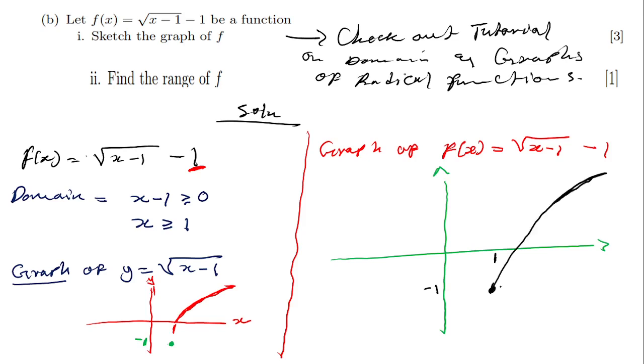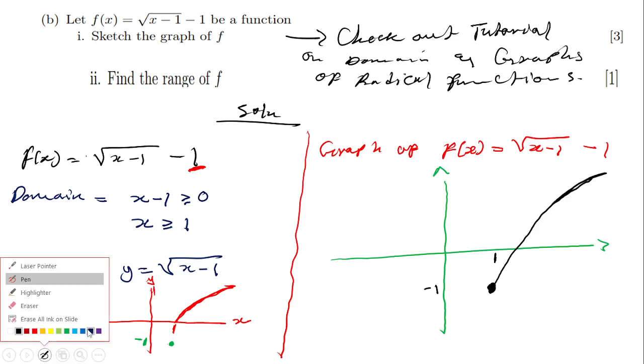So this is how the graph is, but you haven't answered the question completely. So how can you answer the question completely? You're going to look for the x-intercept.